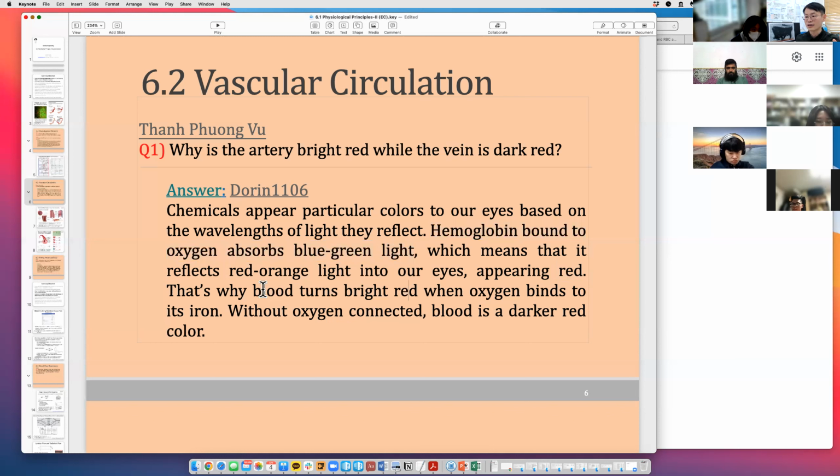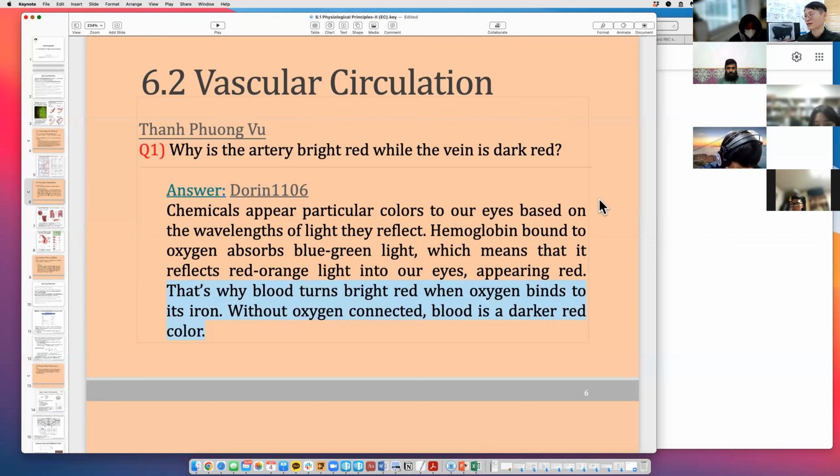Okay, and blood turns bright red when oxygen binds to its iron. Without oxygen, blood is dark red. So this part is a good attempt, but it's a little bit not too clear, and that's the part we want to get into.